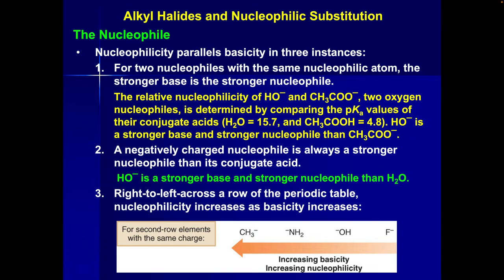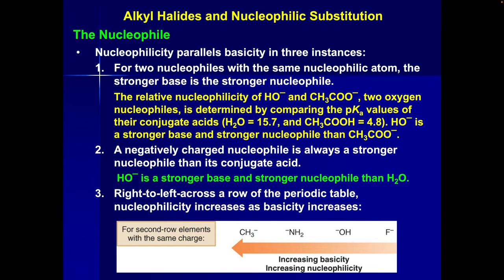HO with lone pairs of electrons and a negative charge, versus the acetate ion. Both of these atoms are going to be the nucleophilic atom, and in both cases, it's oxygen, right? Both of them have a negative charge on it. You might predict that they would have the same reaction rate, but they don't, okay?